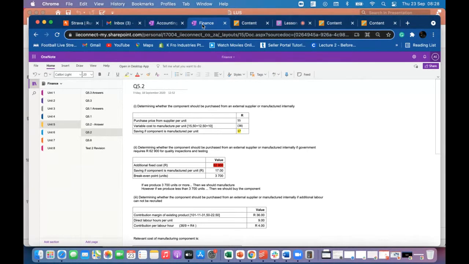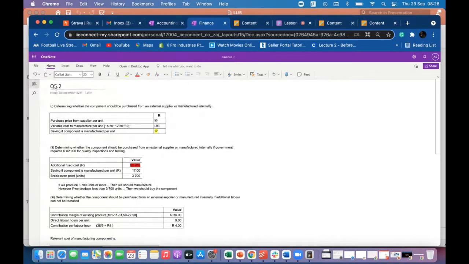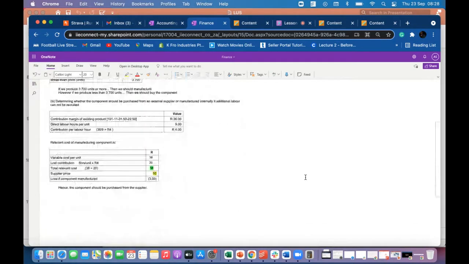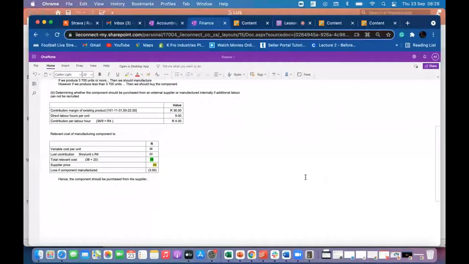Make or buy decisions. Remember, with make or buy decisions, just before we get into the question, we're saying, should we make or should we buy this product?